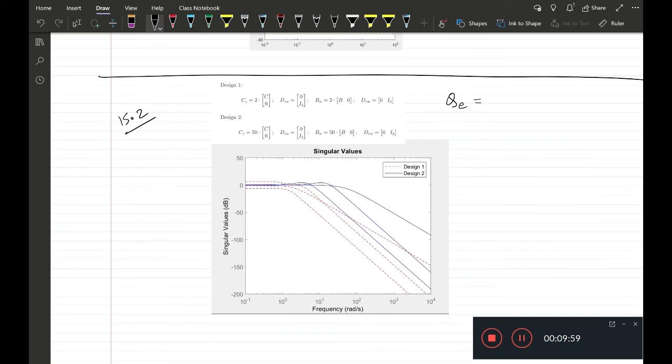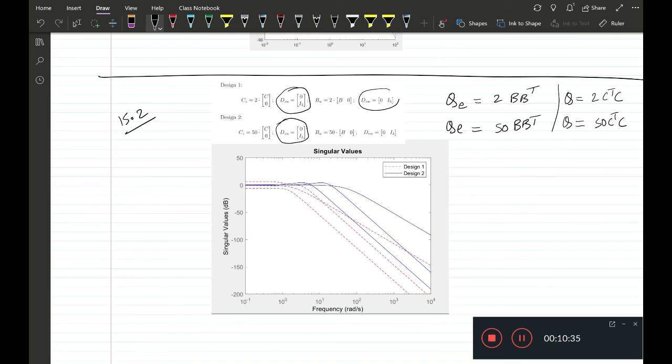So QE is generally BB transposed, so it's 2 BB transposed here, and QE here is 50 BB transposed, and the Q here is generally C transposed C, and the Q here is 50 times C transposed C. So let's first look at what this means.